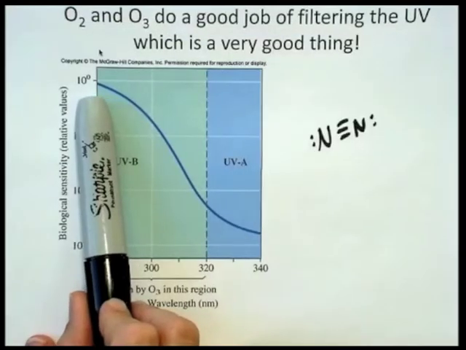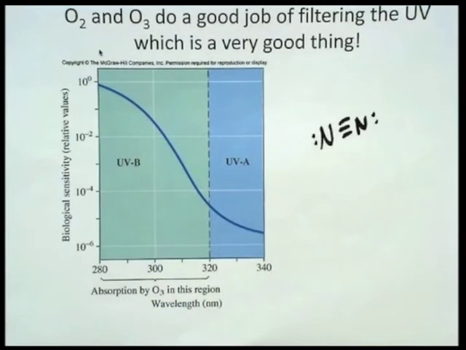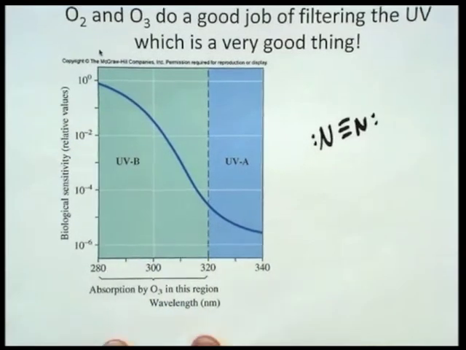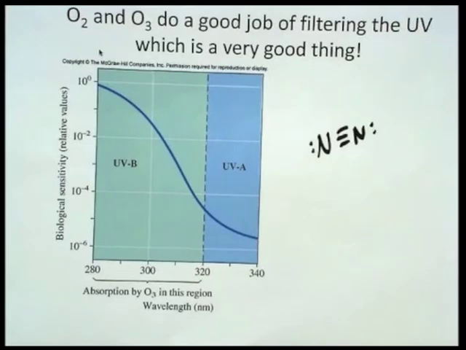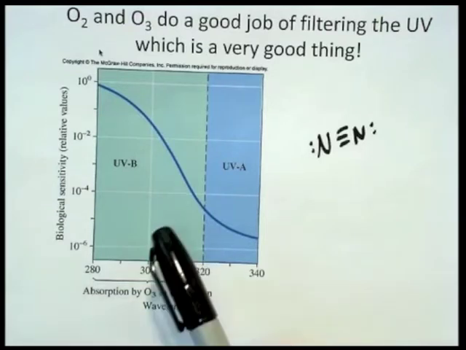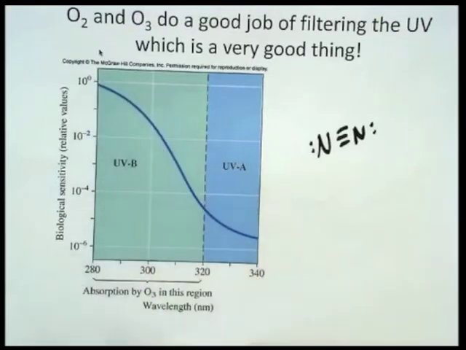All right, so the way the scale works is the sensitivity is how much damage that particular wavelength or energy of ultraviolet light does to DNA. That is, to what degree are the bonds within DNA broken? And you see that it's a relative scale, but it's a log scale.